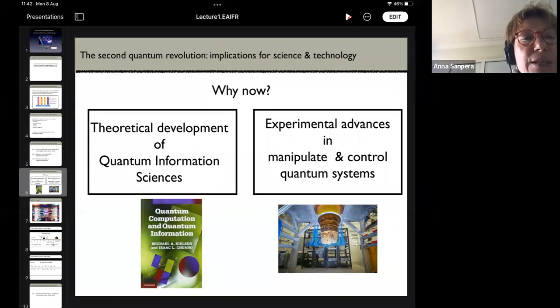So this very small picture that I show here is a quantum computer, I think from Google, which has, I don't know, 50 qubits when it's open. So it's a superconducting quantum computer at this moment, a huge quantum computer.